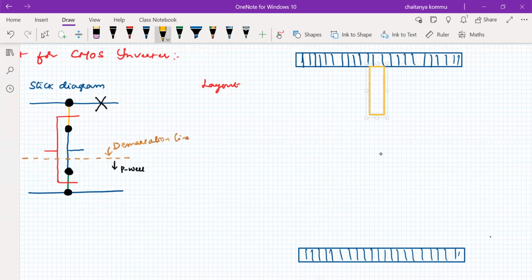Okay, next, green line is also required. No, better I should take this is the one.